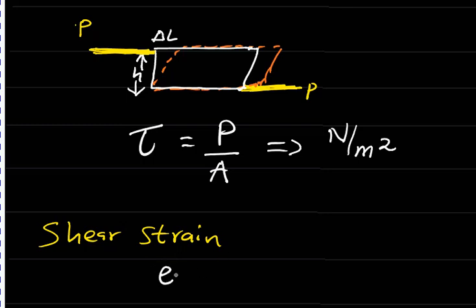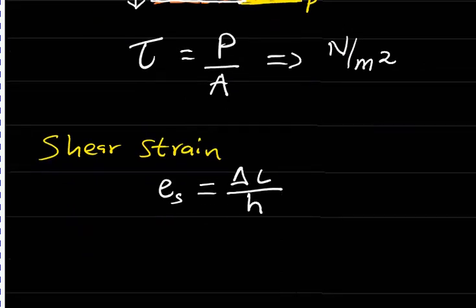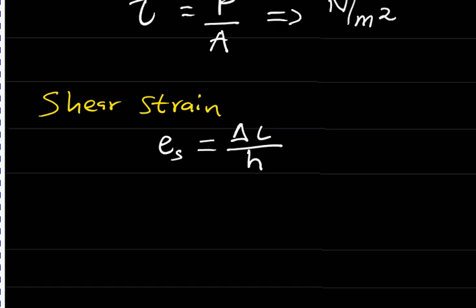So the shear strength, let me use Ex to represent that, is equal to the change in length per unit height, delta L all over H. This is not per unit length, but per unit depth of the material. So this is shear strength, and as usual, there is no unit.